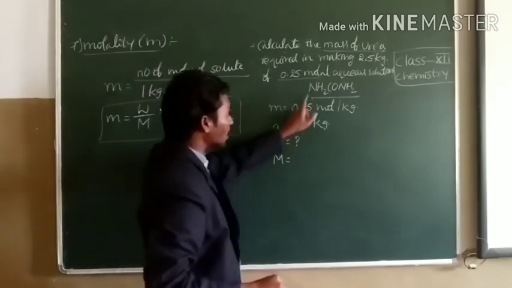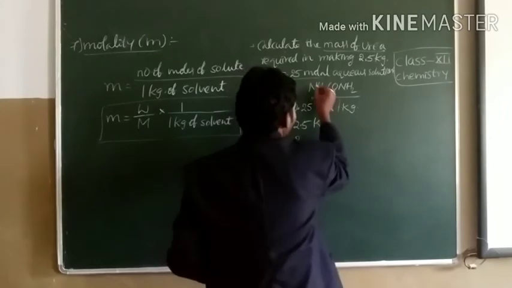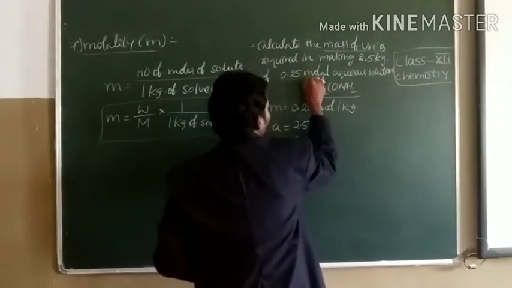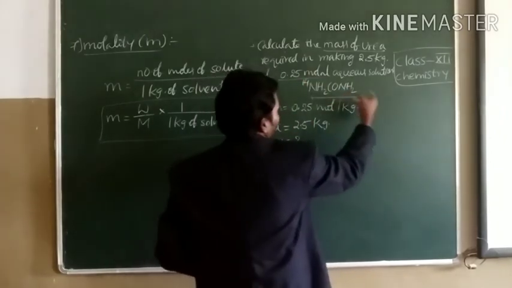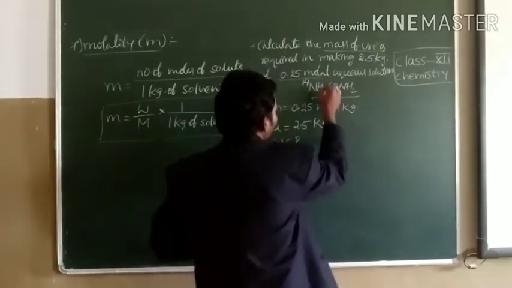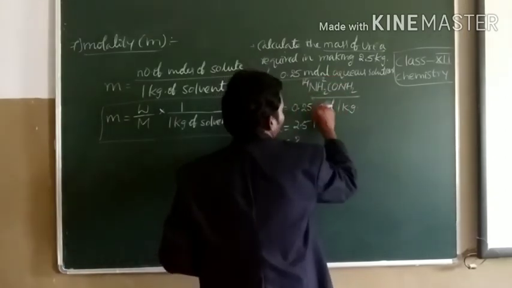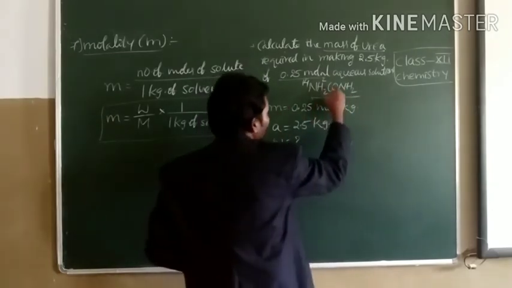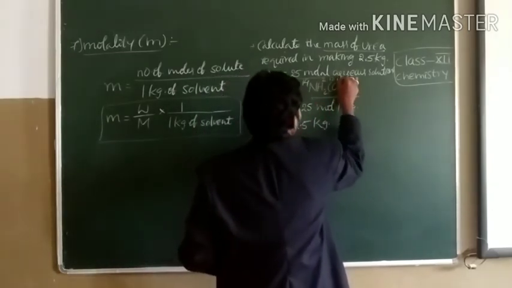Urea formula NH2CONH2. Nitrogen atomic mass 14. How many nitrogen atoms are here? NH2CONH2, 2 nitrogen atoms here. Nitrogen 14. Hydrogen atoms, 2 atoms are there, so 2. Carbon 12. Oxygen 16.